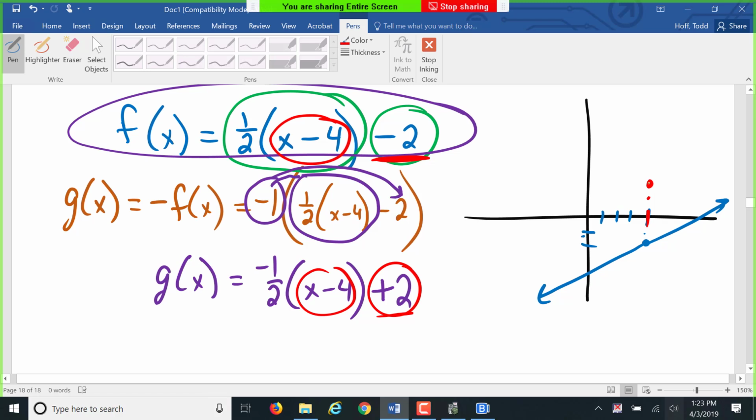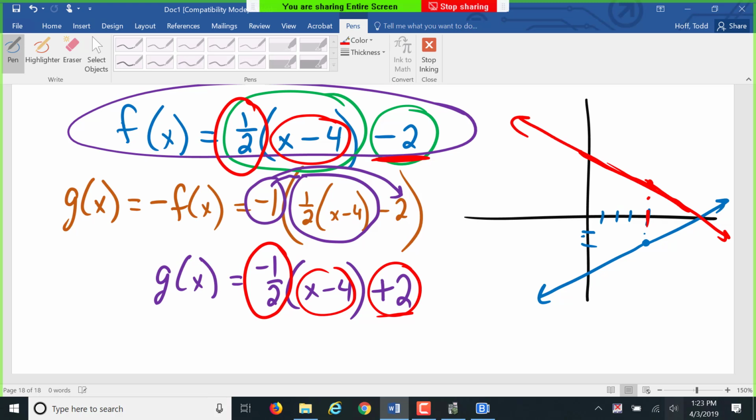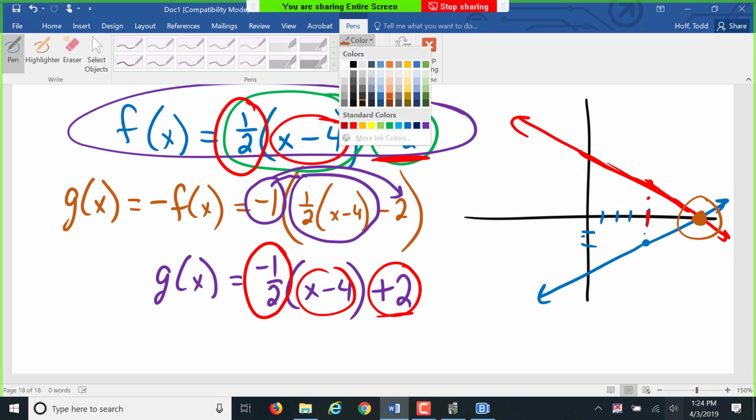The second thing that has changed is the slope. You got it. It went from positive 1/2 to negative 1/2. So it now looks like this. Once again, note that this point here was on the x-axis. It didn't change. It didn't move. So it still has the same x-intercept. It crosses the x-axis at the same point.